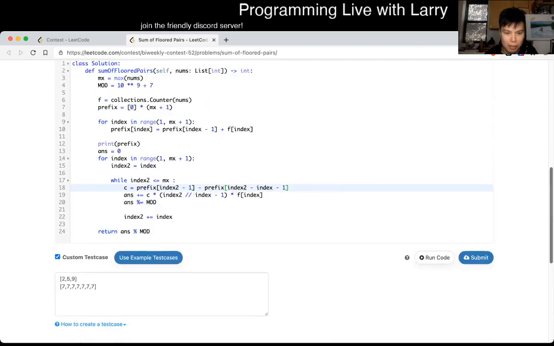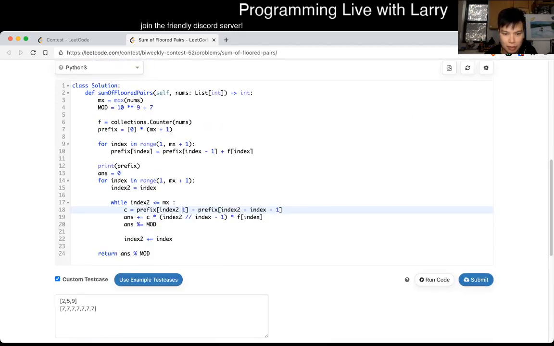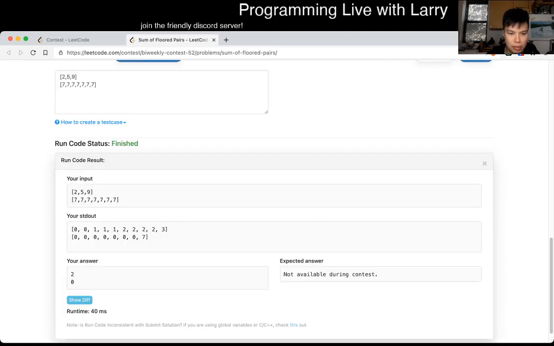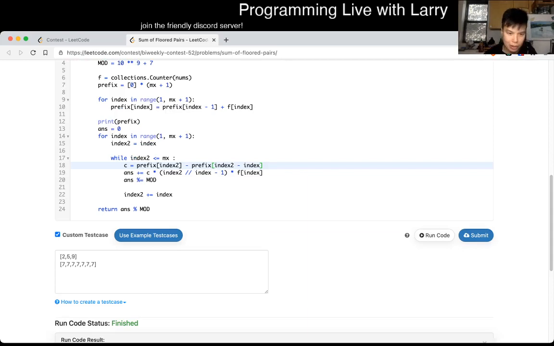Even more wrong. Because this is minus 7 divided by 7. This would be 0 for some reason. Off by 1 here?